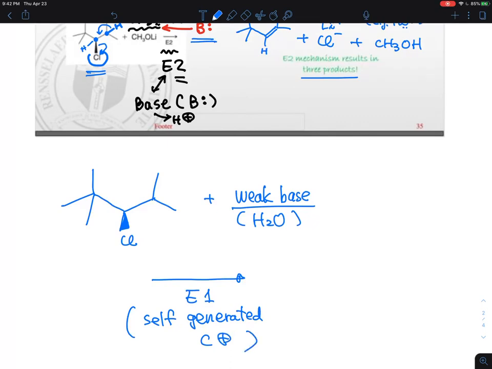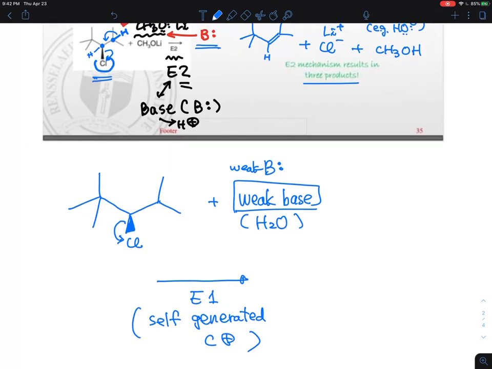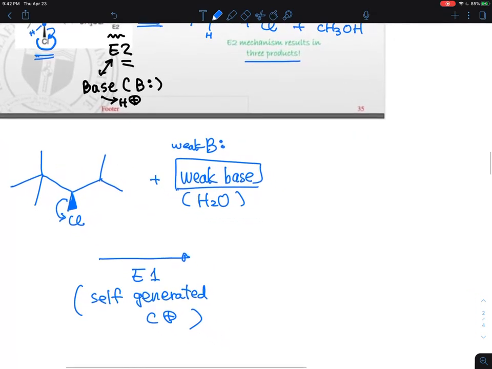Okay, so what happens is this bond, they will just leave it. This base is weak, so they are not doing anything, they just wait. Okay, they just wait, just like an SN1 reaction. So then what's going to happen is they're going to make the carbocation. Right?